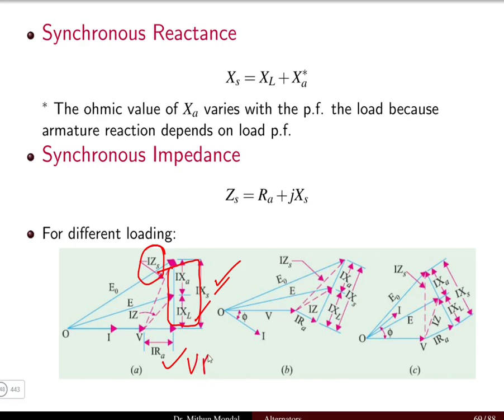So this is for the UPF condition, this is for the lagging condition, and this is for the leading condition. So we can draw the vector diagram for the induced EMF under the different conditions, where we have the voltage drop due to the synchronous reactance, due to the armature resistance, and due to the leakage reactance.